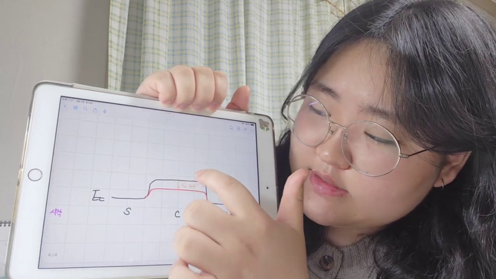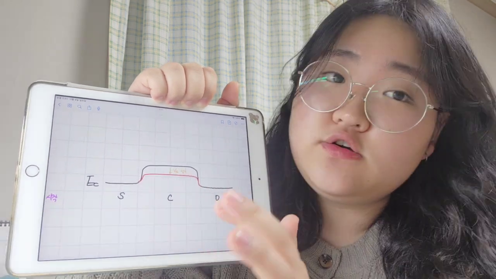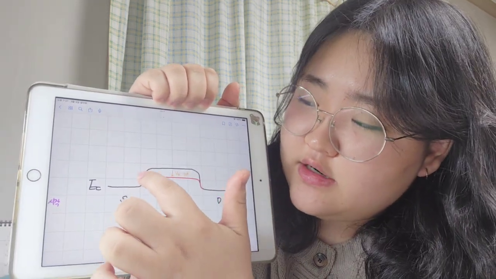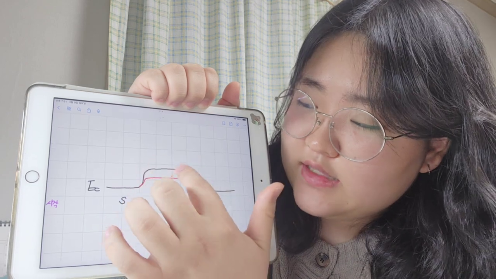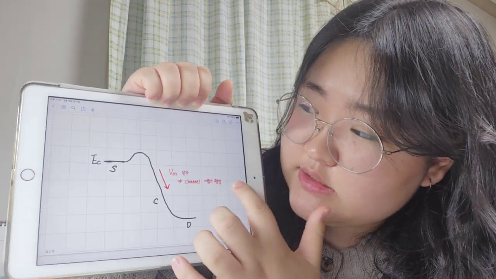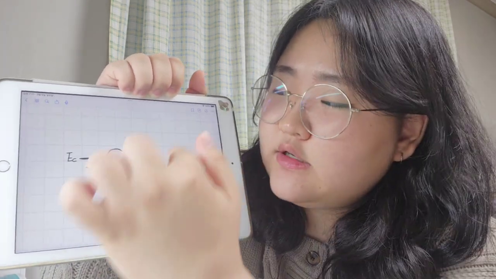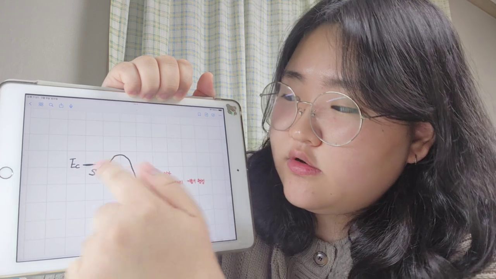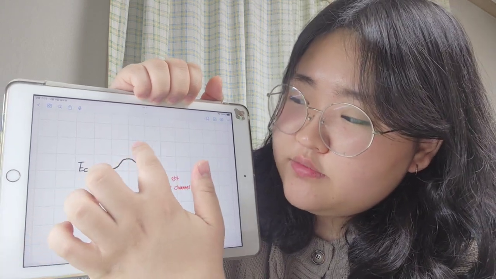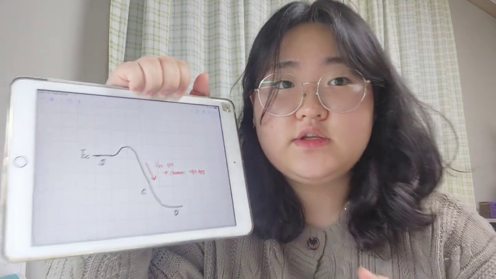The black line is the higher energy barrier and the red line is the lower one, but there's no slope, so the electrons here can move here, but they can't go to this side. But when we apply a positive drain bias, the energy band slopes down, so when the electron moves to this side, it can move here because of the drift of the current.